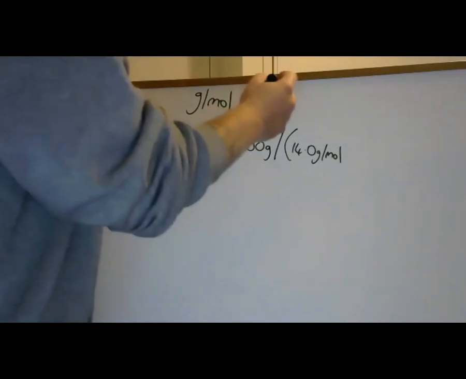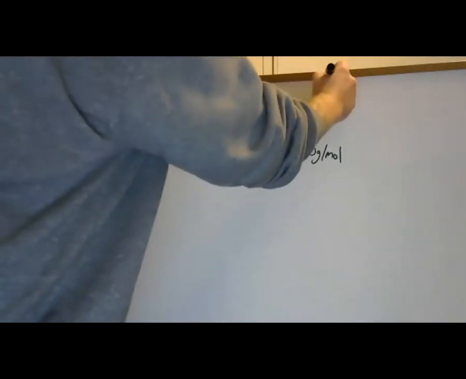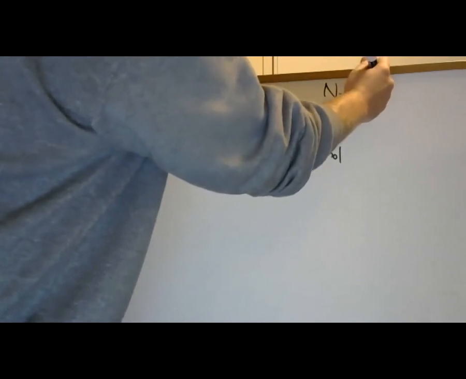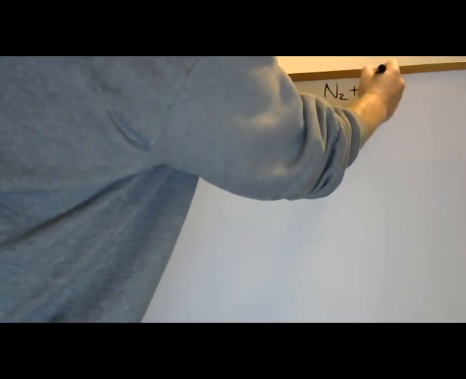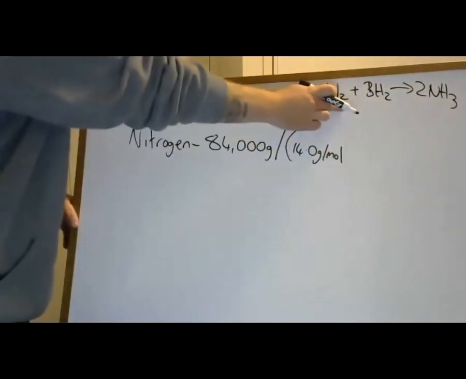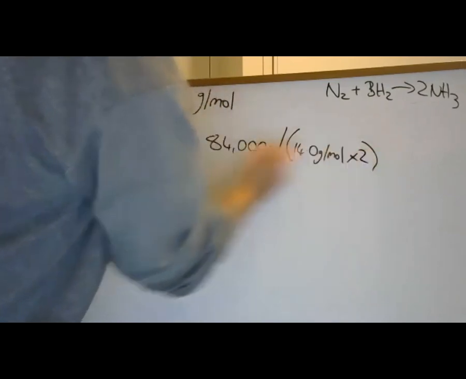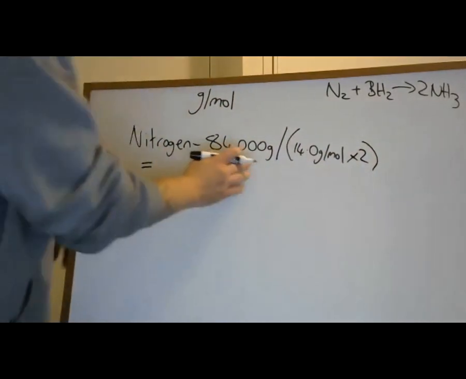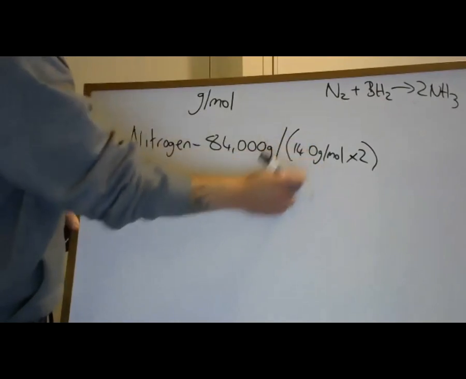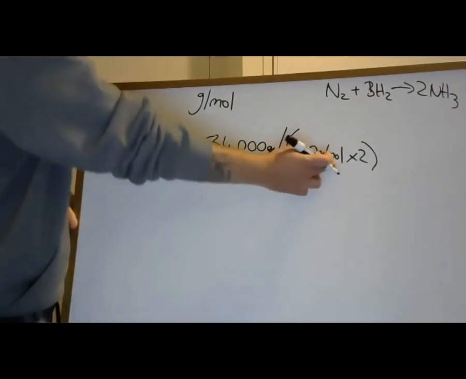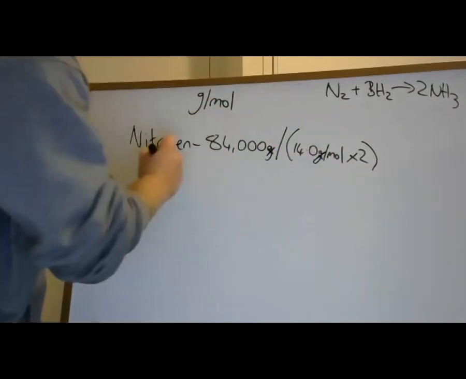And we know that because of the balanced equation, there's 2 nitrogen here. So we times that by 2, and what we do by dividing this is we get rid of the grams, and we're just left with the moles, or 3,000 moles.